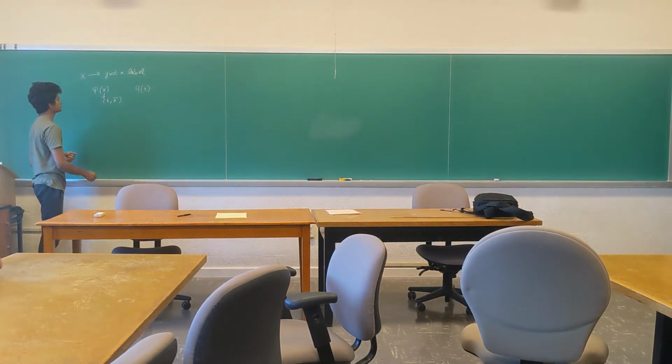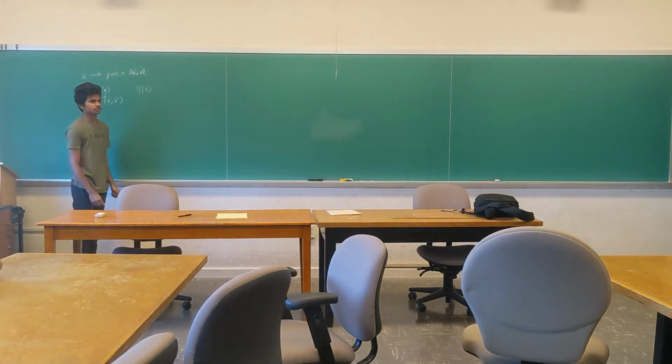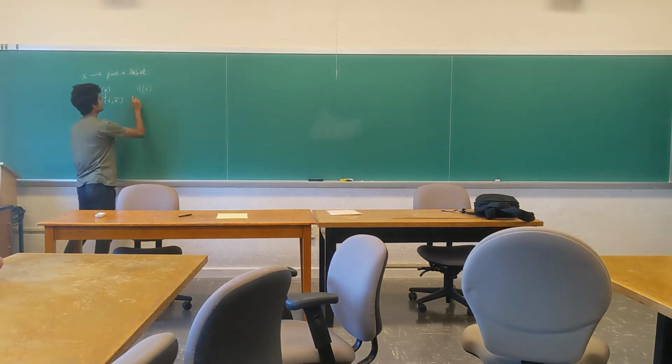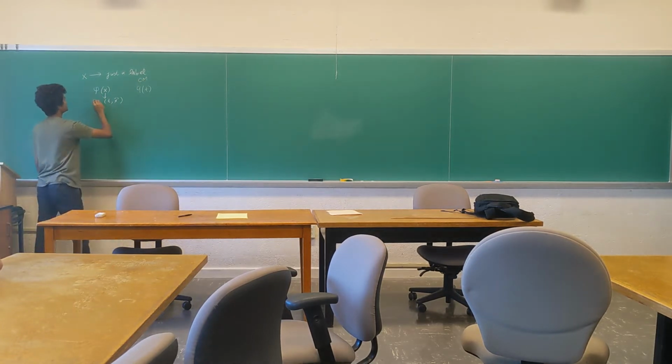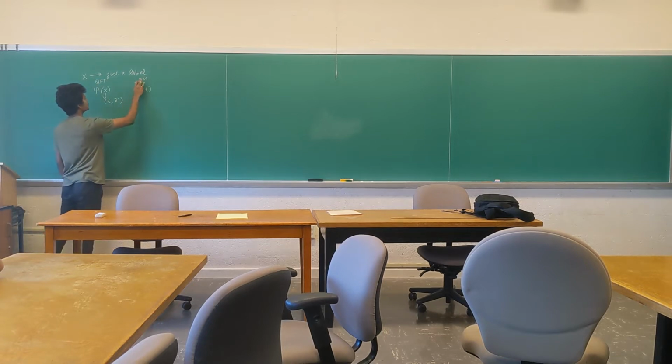What is that q? q is the coordinate. In classical mechanics we have generalized coordinates, that's the name. This is classical mechanics, this is QFT, and this is quantum mechanics.